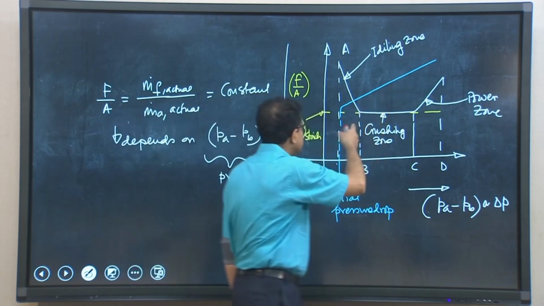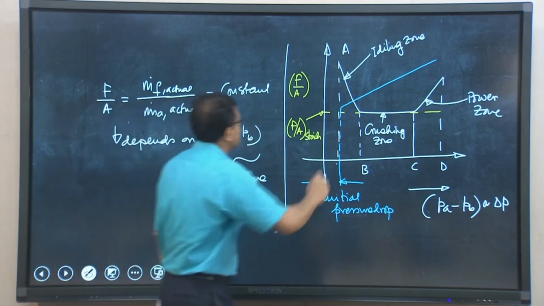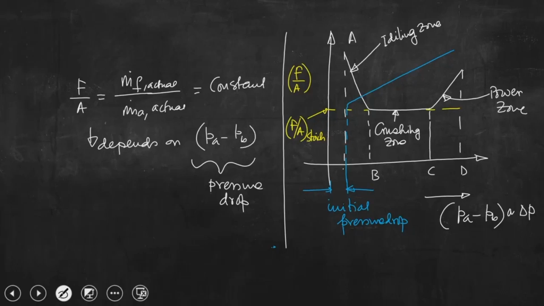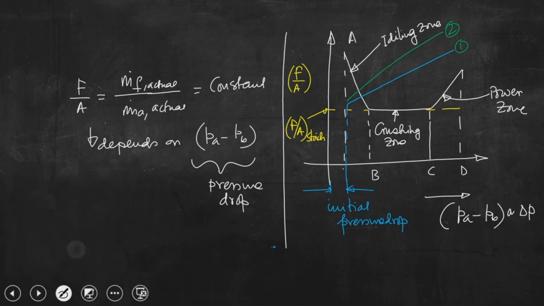So, suppose this is the case, this is case 1, and we are superimposing another case, say a simple float type carburetor is designed to supply like this. So, this is 1, this is 2, and another case, if we draw here, say this is 3.